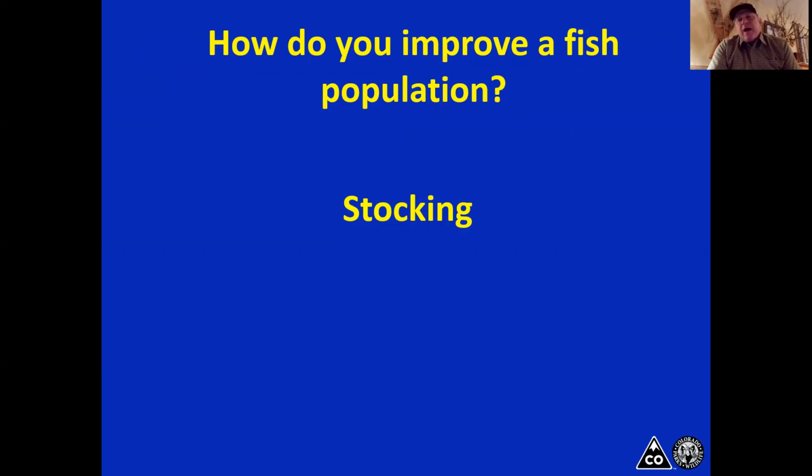When we're talking about how to improve fish populations, there's actually three major tools in a biologist's or fish manager's toolbox.